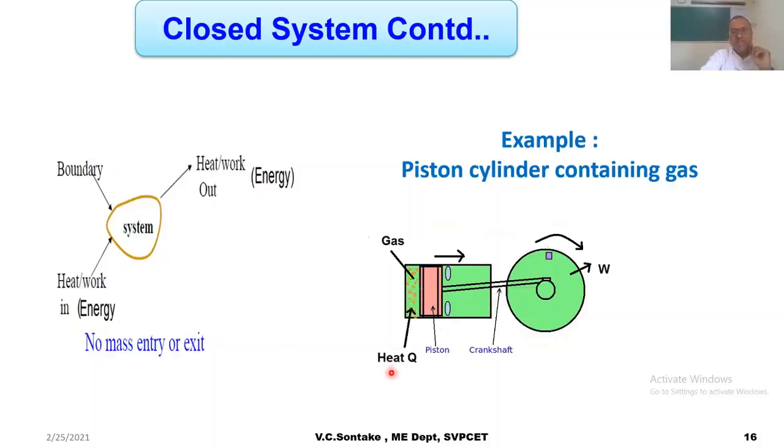When energy in the form of heat is supplied, this gas will expand and make the piston move in the right direction, which will cause the connecting rod to reciprocate and cause the wheel to rotate. This rotation of the wheel will produce work output. So heat is input, work is output, and mass remains constant. So a piston cylinder containing gas is a good example of a closed system.